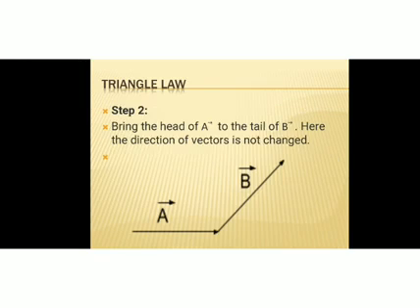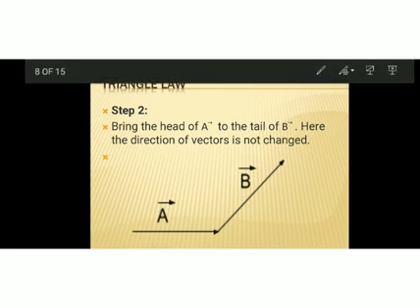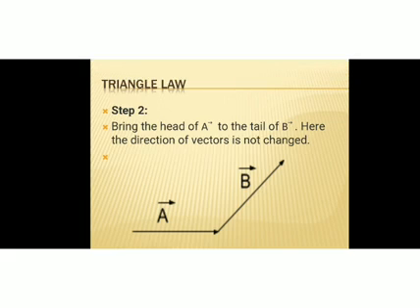See, this is step 2. Bring the head of A, so this is the head of A, to the tail of B. See, the head of vector A is joined to the tail of vector B. Now here the direction of vectors is not changed, isn't it?